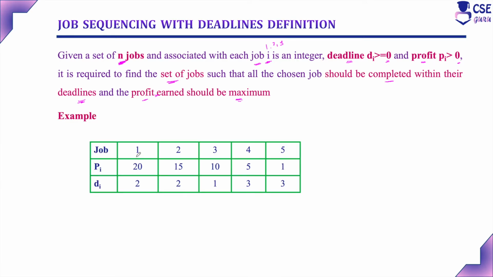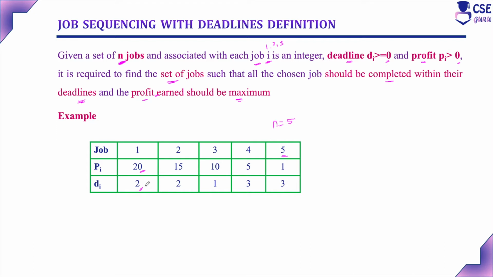For example, here they have given 5 jobs, so the n value is 5. Associated with each job, profit and deadline is there. Among these 5 jobs, first we need to arrange the jobs in order of maximum profit. Then consider each job with maximum profit, and it should be completed within its deadline.